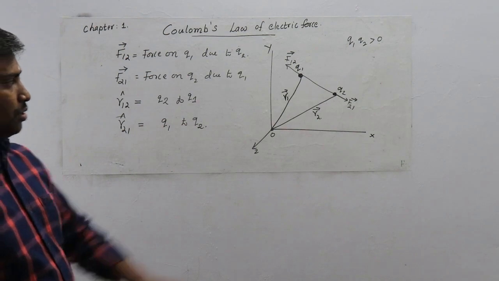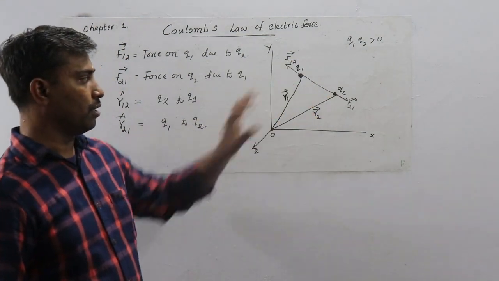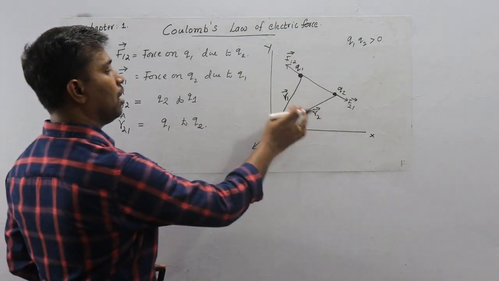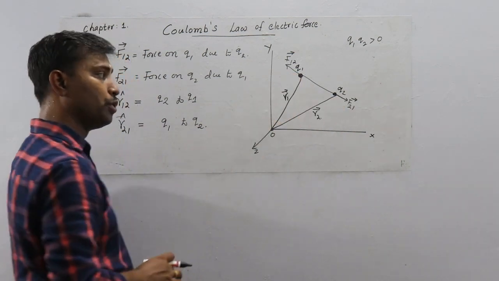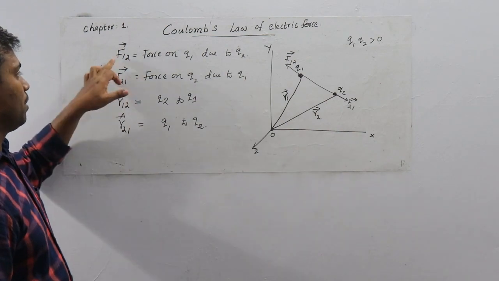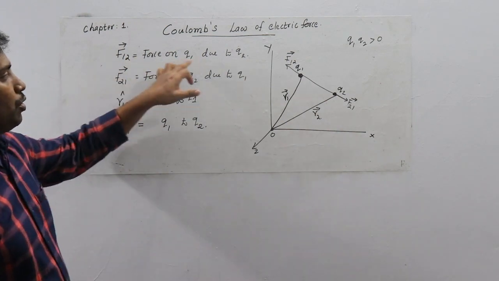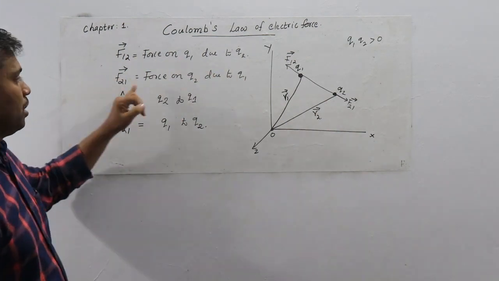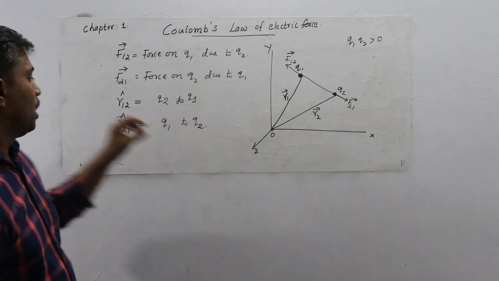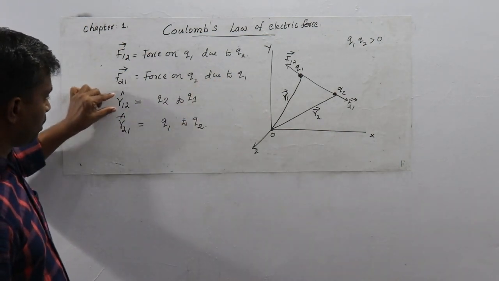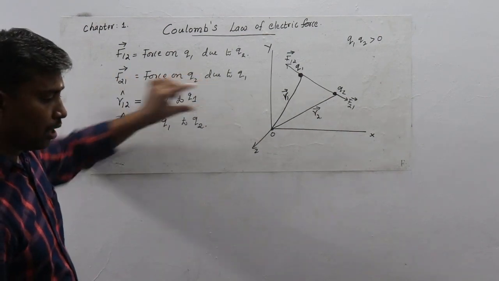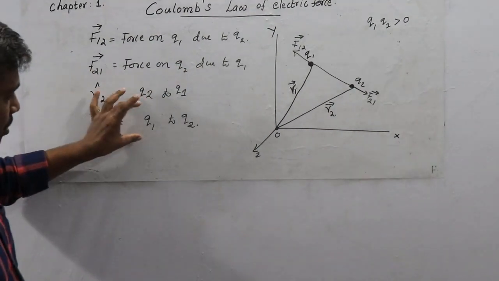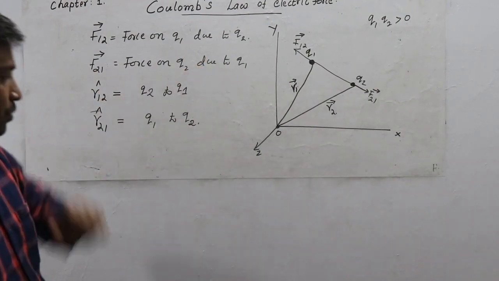So we consider two charges Q1 and Q2 in a coordinate system, with R1 and R2 the position vectors for Q1 and Q2, F12 the force on Q1 due to Q2, and F21 the force on Q2 due to Q1.